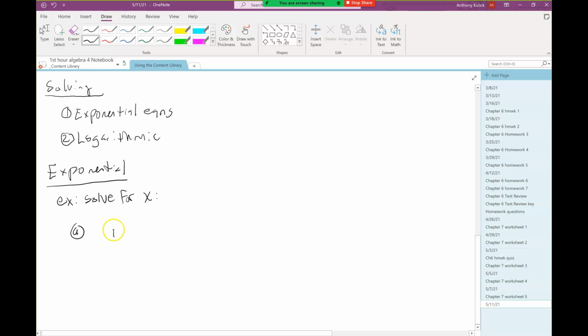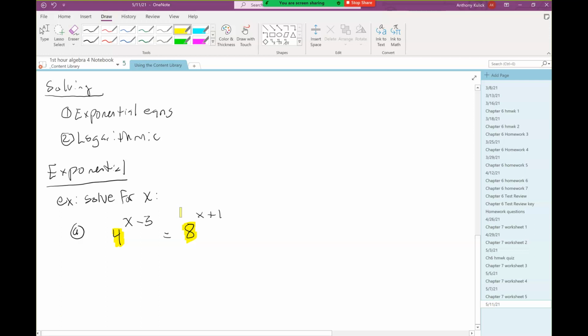So maybe we have 4 to the x minus 3 equals 8 to the x plus 1. One way to solve an exponential equation like this, when we have just one exponential on each side, is to try to rewrite them so that they have the same base.